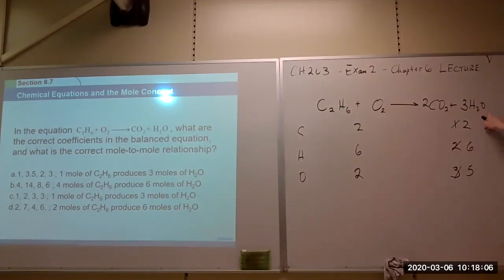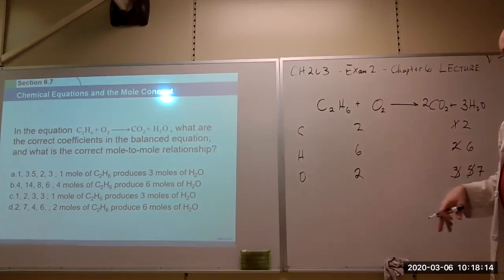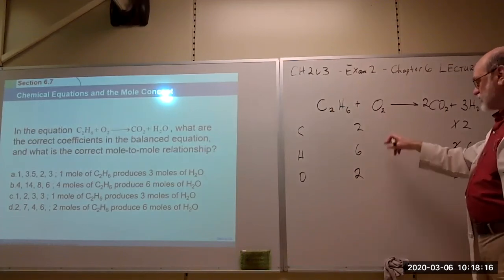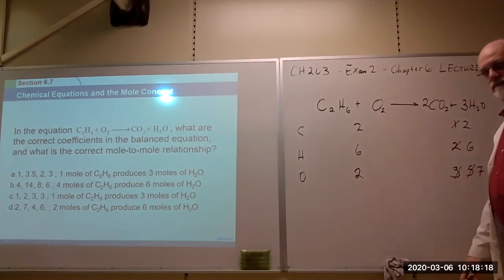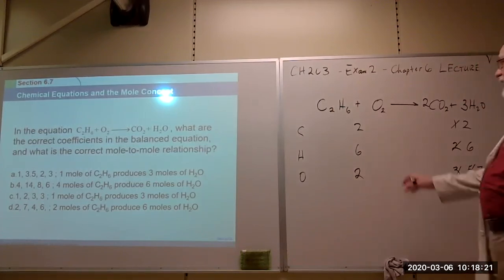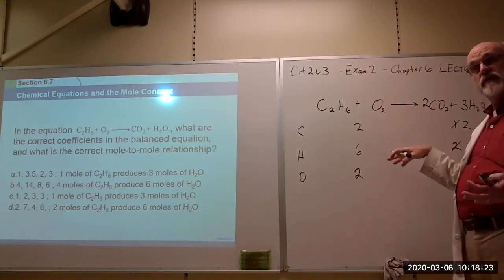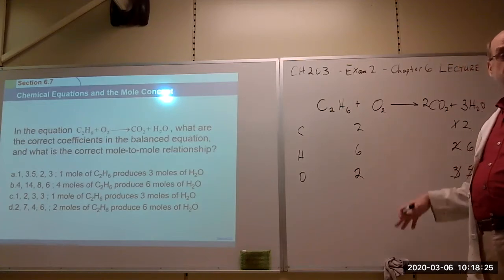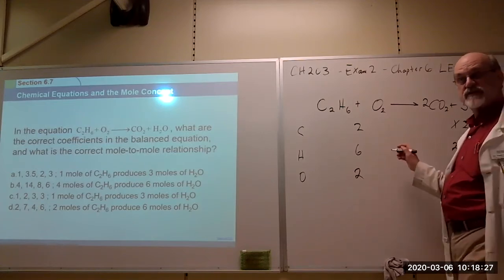That gives us 3 plus 4 is 7. Now, we saved oxygen till last, right? So, how do you get 7 oxygens out of that one? There's no number. Multiply it by 2, a whole number multiplied by 2 could give you 7. So we're going to use a fraction as an intermediate step.